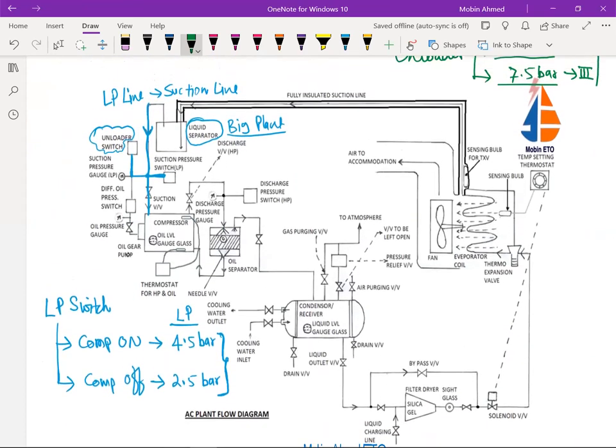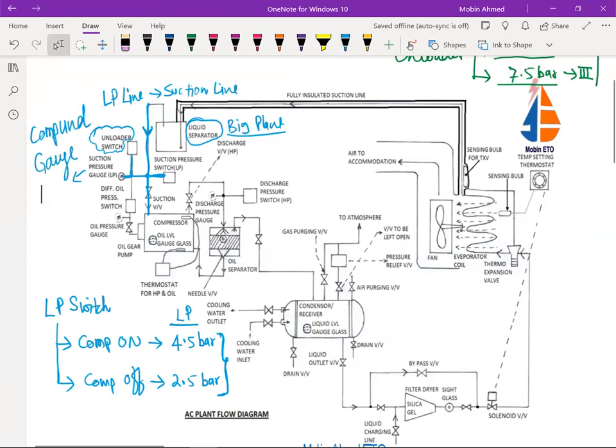Now, next, there will be the gauge. So the suction pressure gauge, or LP gauge, will be there. You can see here the LP gauge. Okay, that is given. This LP gauge is generally a compound gauge.